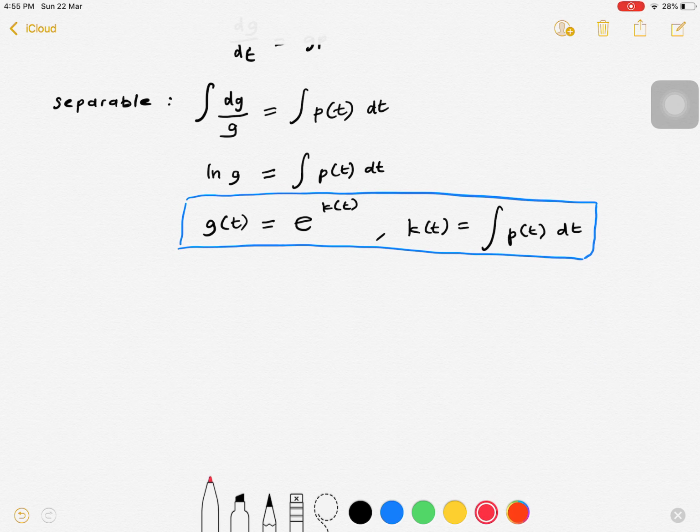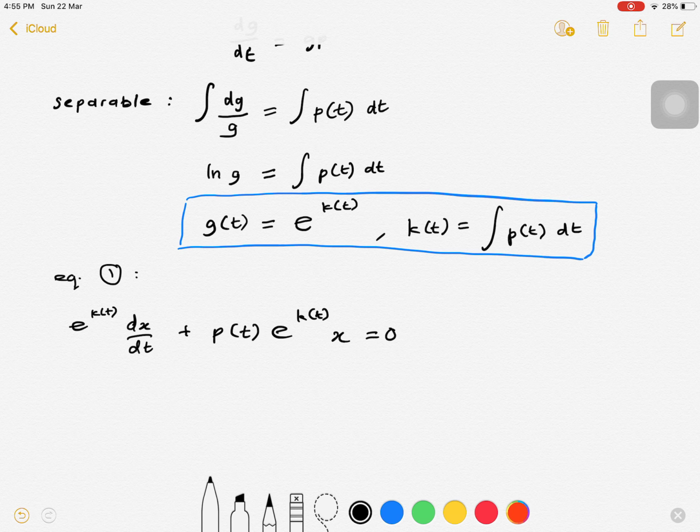So when we put it back inside equation 1, we will have e^(KT) dx/dt plus P T e^(KT) x equal to 0.